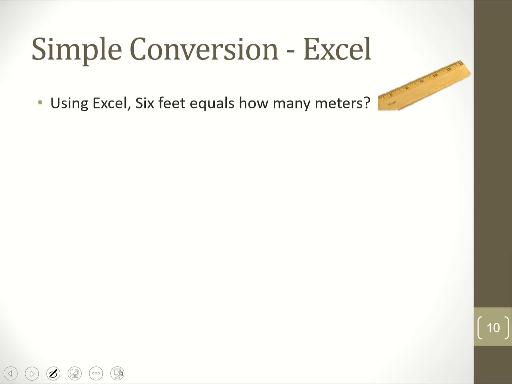So let's look at doing this in Excel. We have 6 feet equals how many meters. We can use our convert function, and we say convert 6. This is our number, and we're going from and to. We want the meters in the numerator and the feet in the denominator.